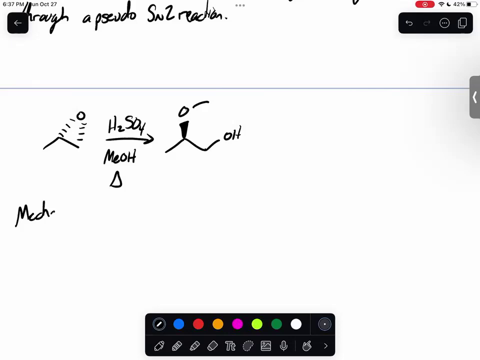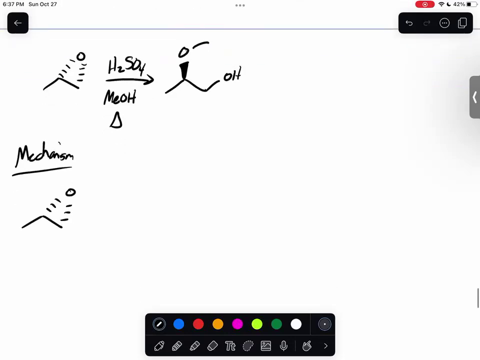Well, looking at this, our mechanism is relatively simple, right? We already know exactly what it's going to do. The first thing is that leveling effect wise, the methanol is the solvent, it's also the weak nucleophile. But if we were to draw it out, it is going to be the one that takes the proton first. It's going to first protonate the epoxide.